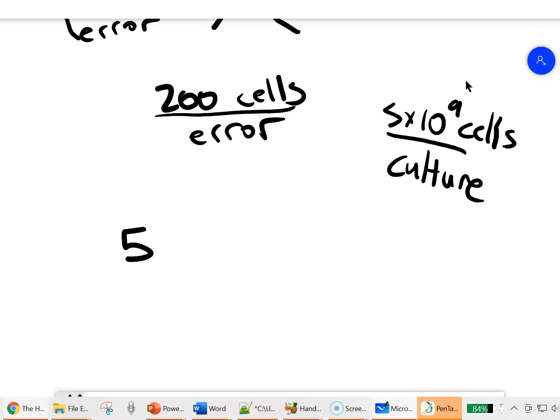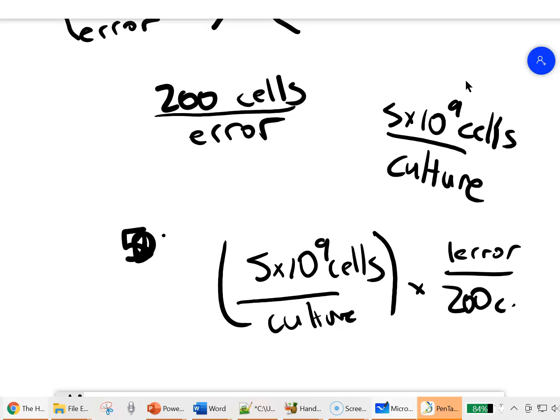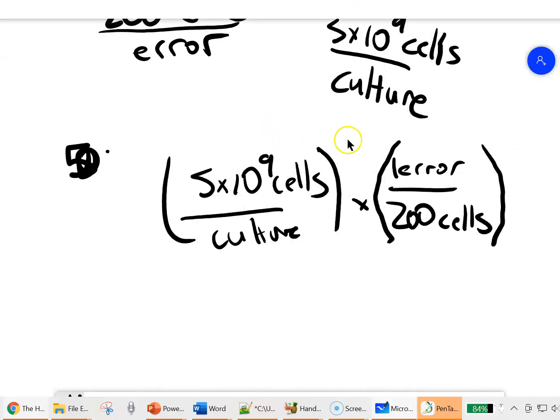I can have some fun here. 5 times 10 to the 9th cells per culture times, we're going to flip that, so 1 error per 200 cells. And what do we get? I'm not going to do this when I'm this sleepy.